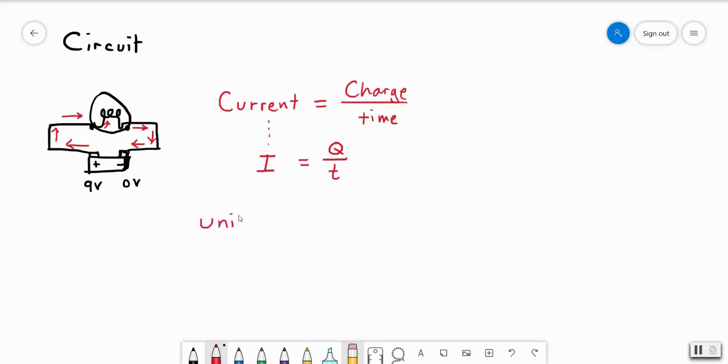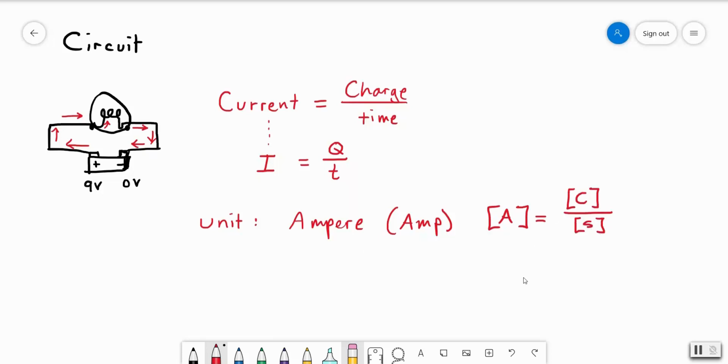The unit of current is the ampere, or the amp, and is given by a capital A. Okay, so what is a capital A or an amp equal to? It is equal to 1 coulomb of charge every second.